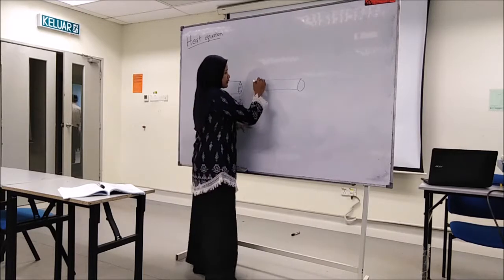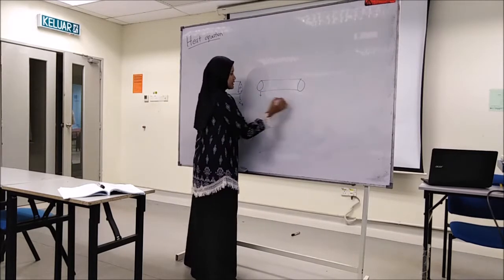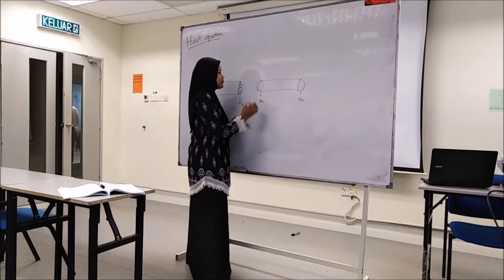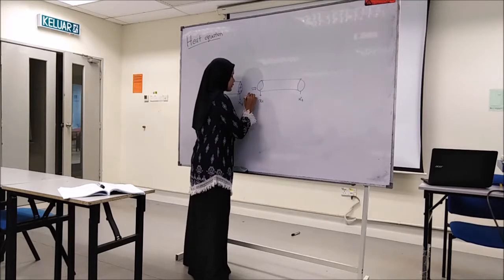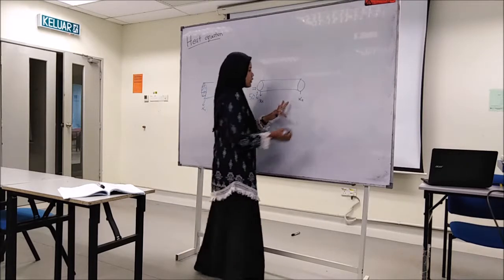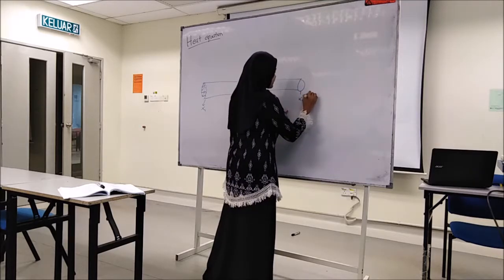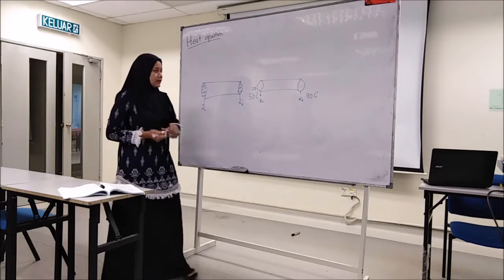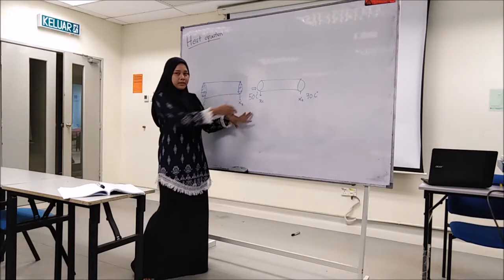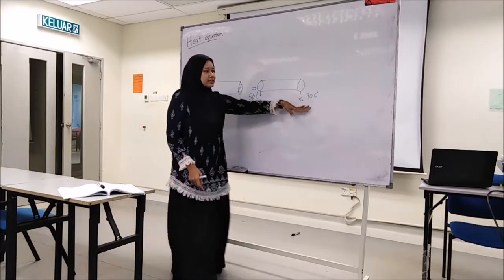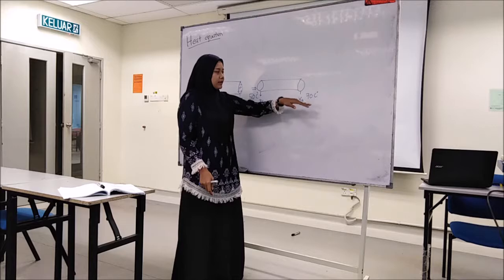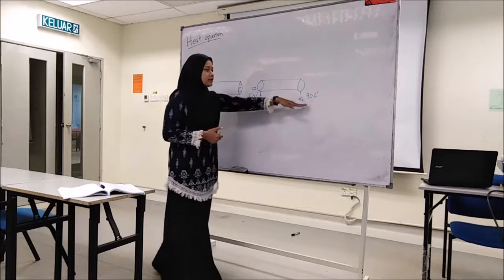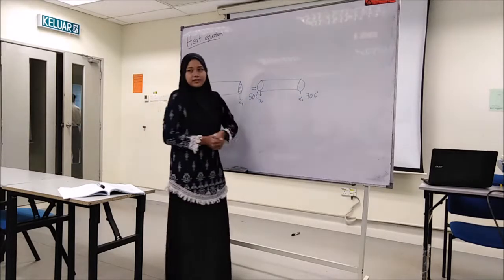If at position x1 and position x2 we have constant temperatures, for example 50 Celsius at this point and 70 Celsius at this point, then constant temperature means the temperature will always be 50 and cannot change. The temperature at the second end will always be 70. It is constant, but the temperatures must be different.